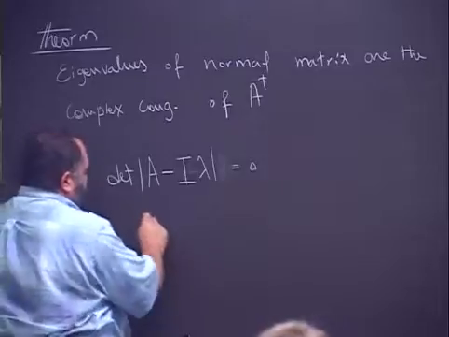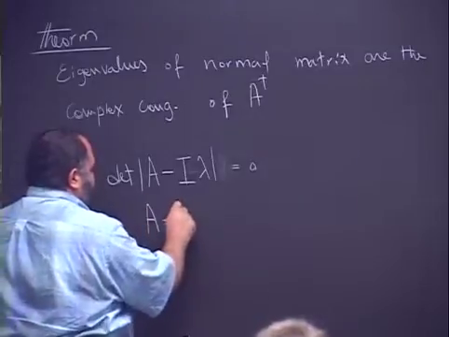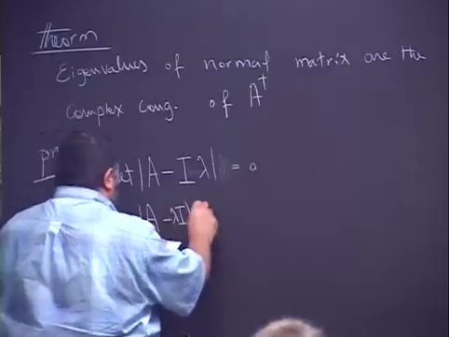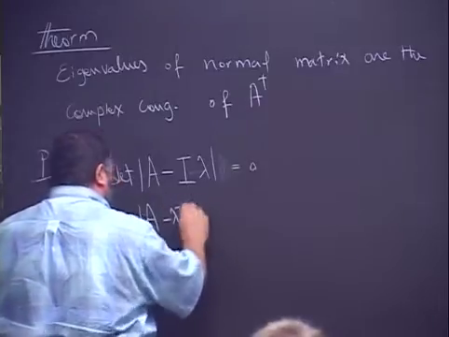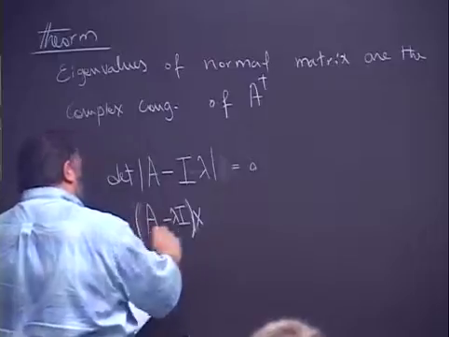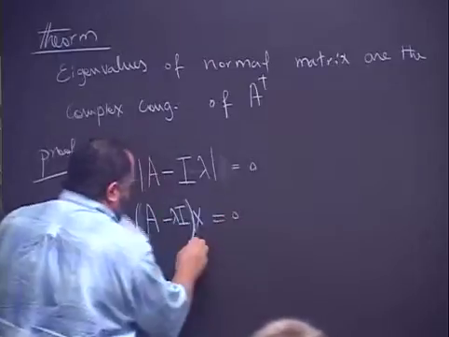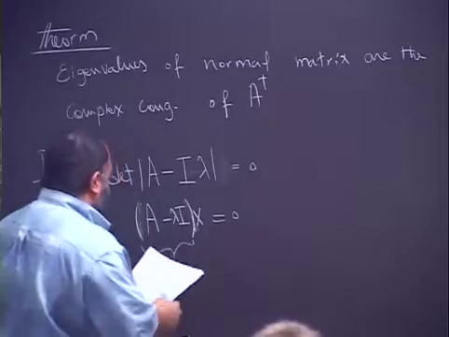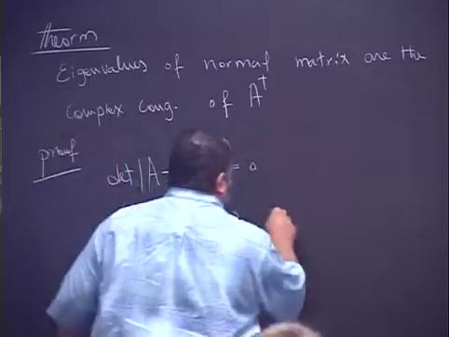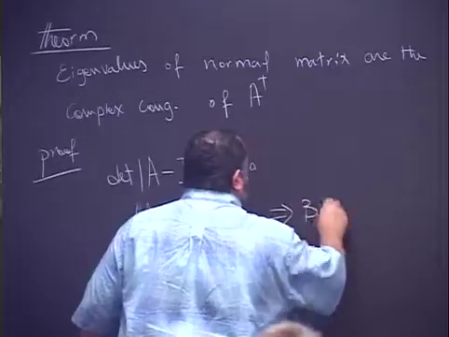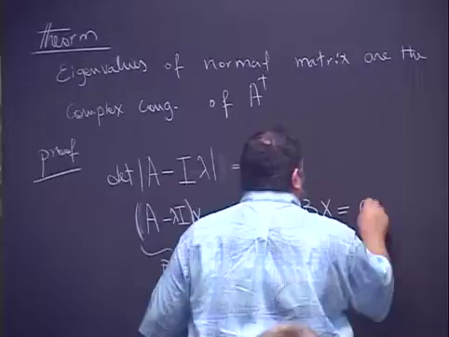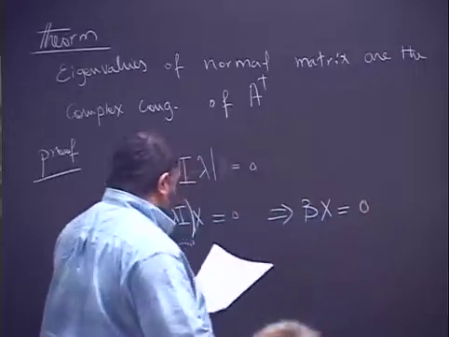So A minus lambda I operated over x equal to 0. We will call this matrix B, for example. So this gives us B operated over vector x equal to 0.